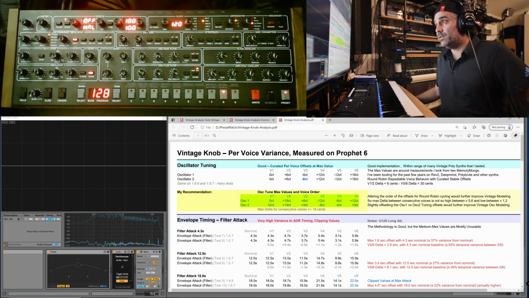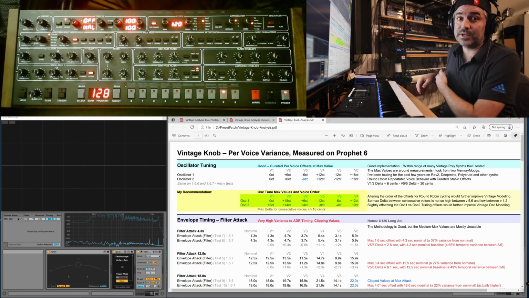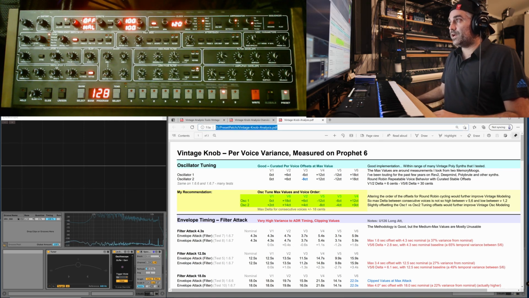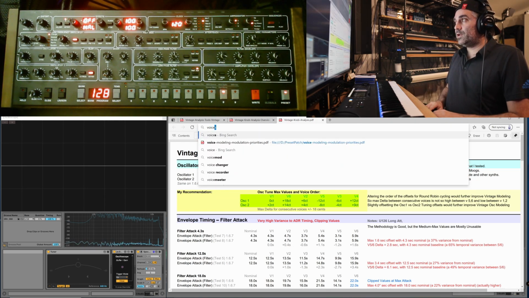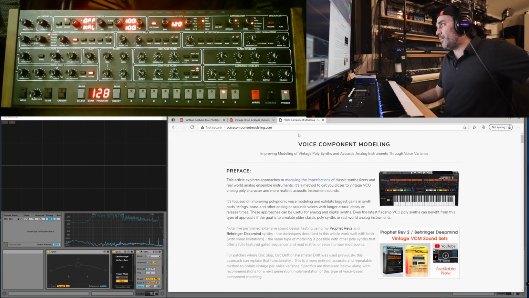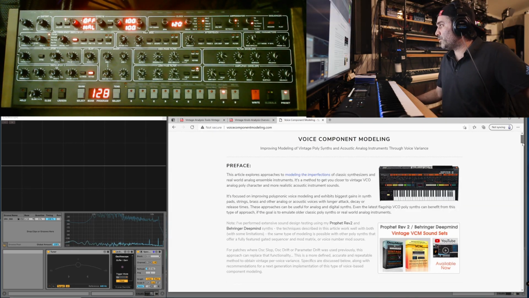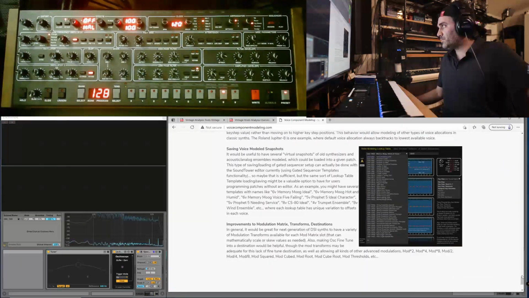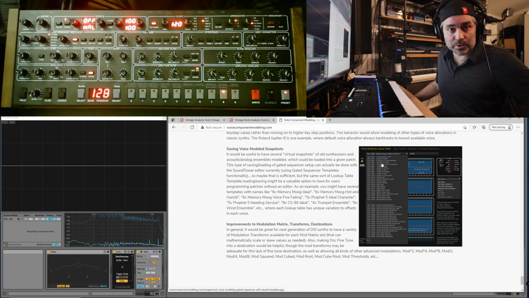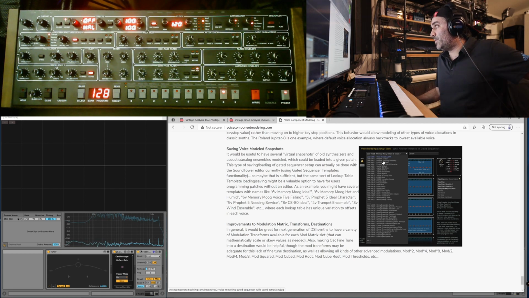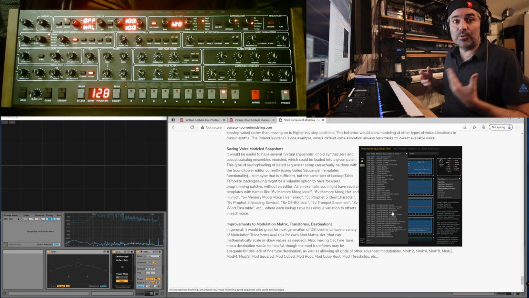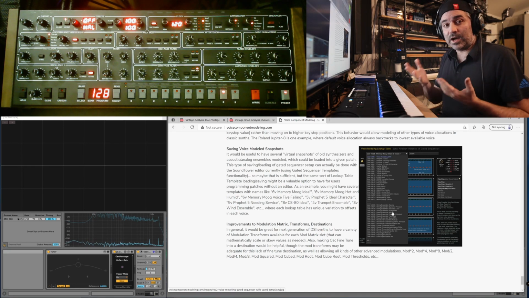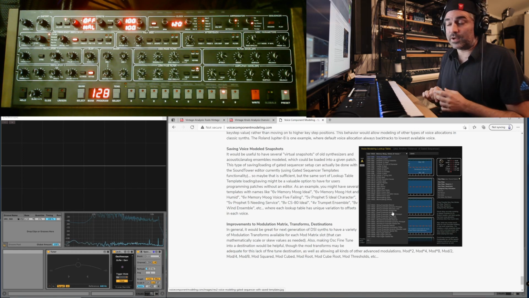And yeah, I'm really excited, not just for this current implementation, but also for the future of this. I've written up a ton of information on the voice component modeling websites, just going over my thoughts for the future of voice modeling, and how there could be multiple different voice profiles stored within an instrument that model various different synths and or acoustic ensemble type of instruments, because this type of voice offsetting is perfect for modeling acoustic ensembles as well.